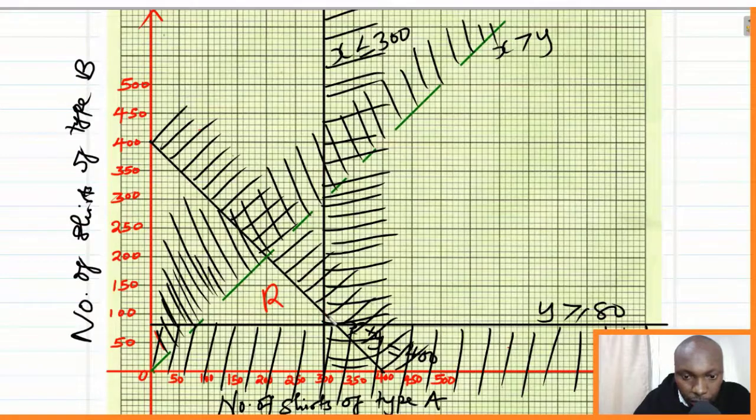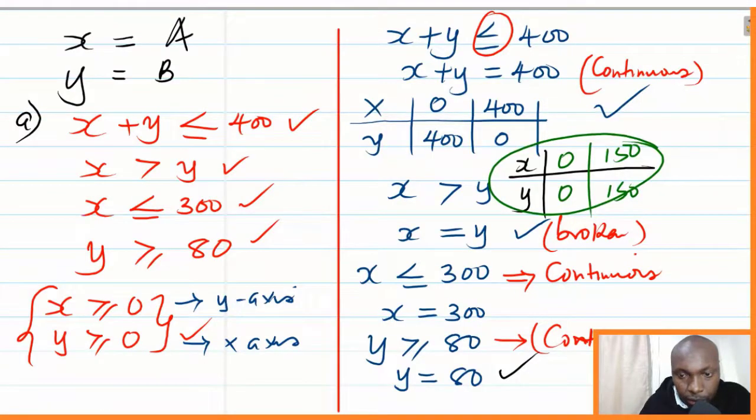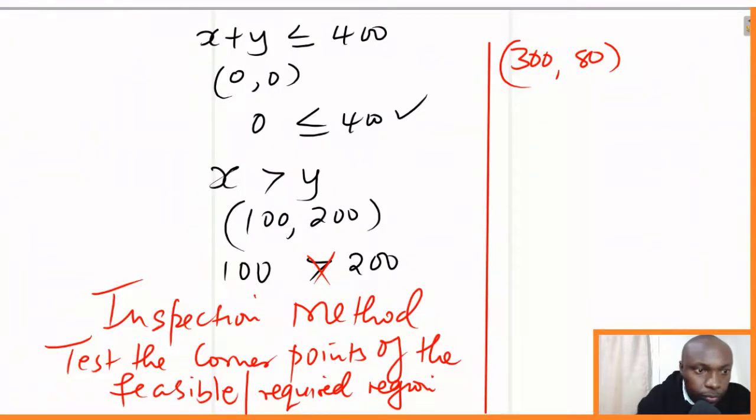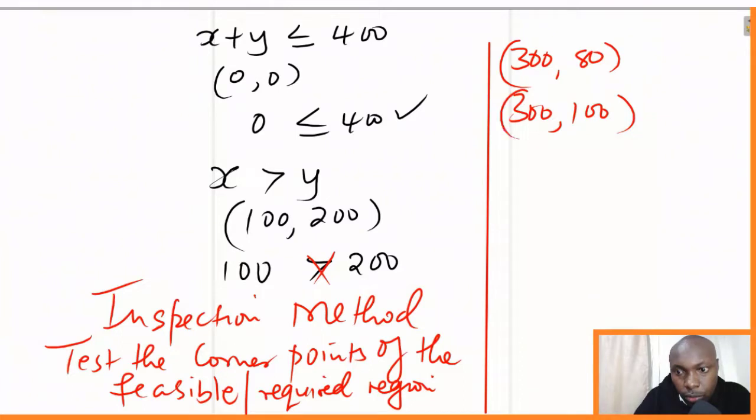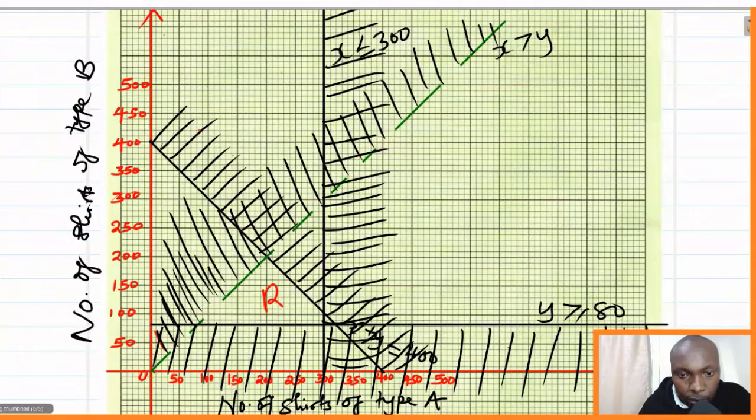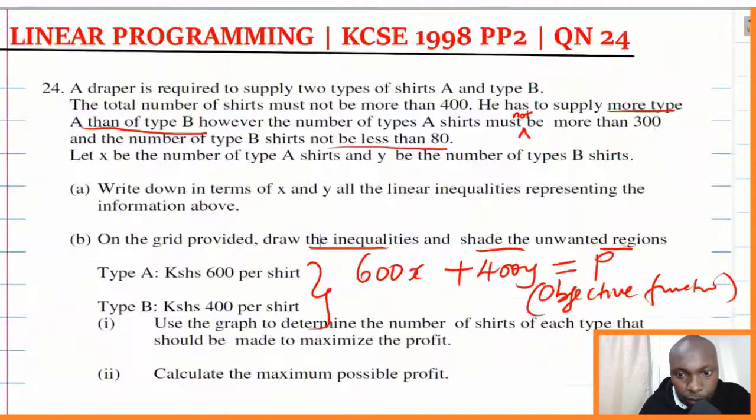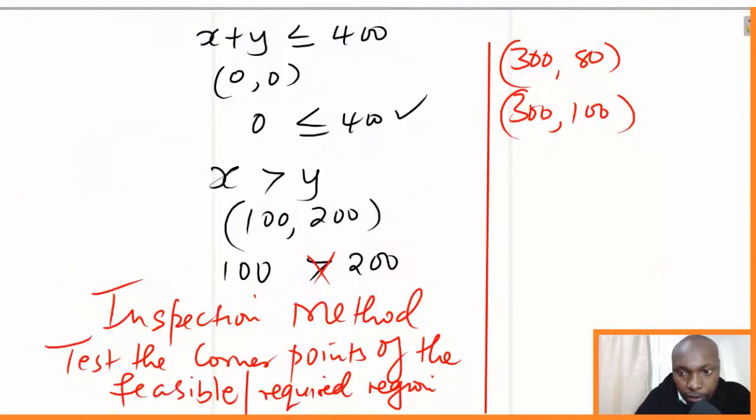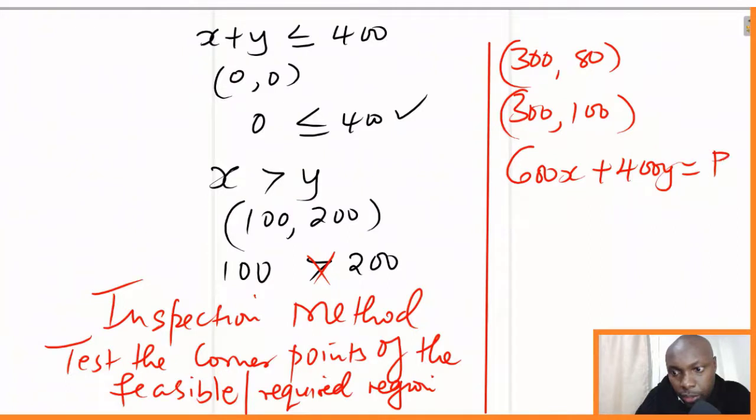This is the corner point of the feasible region. So we test these using the objective function. The objective function is here, 600x plus 400y. That is what is going to give the profit.